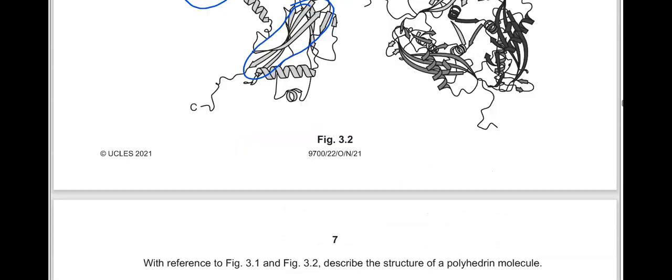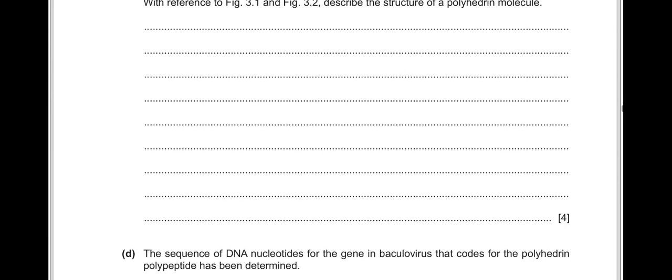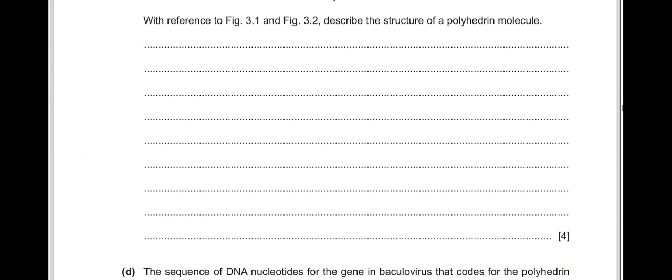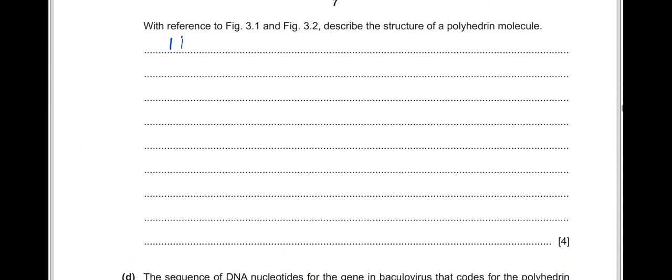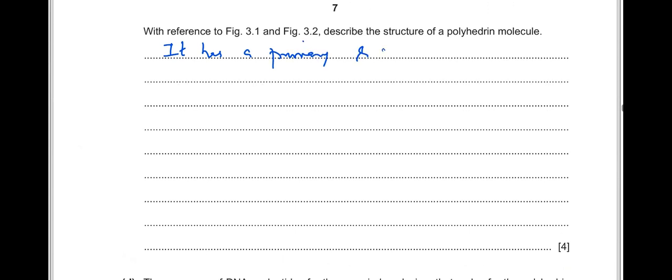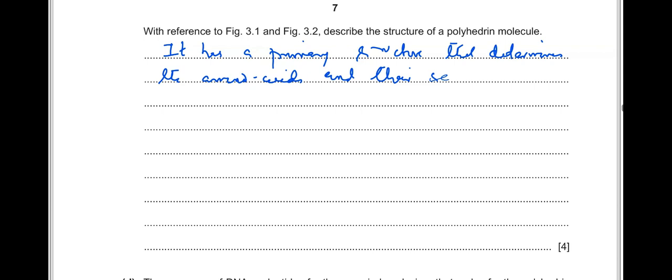So we have this question for 4 marks. To get the full marks, we need 4 points. So first of all, it has a primary structure, and that determines the amino acids and their sequence in it.